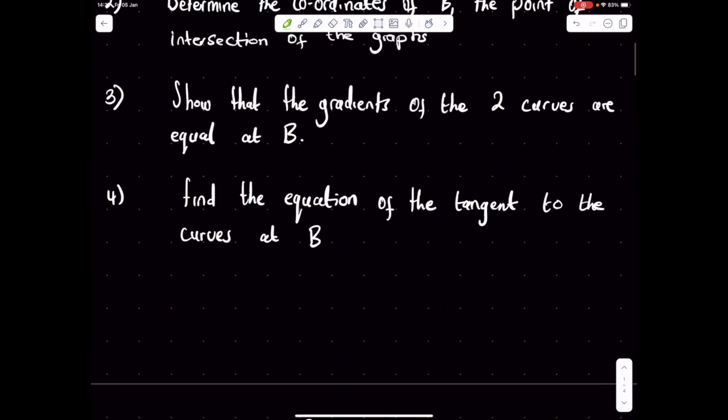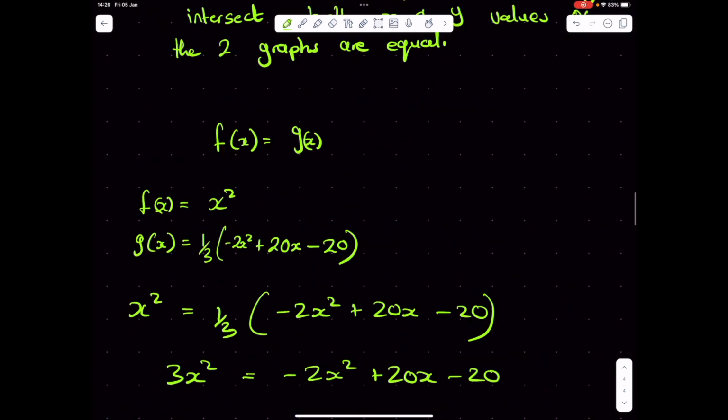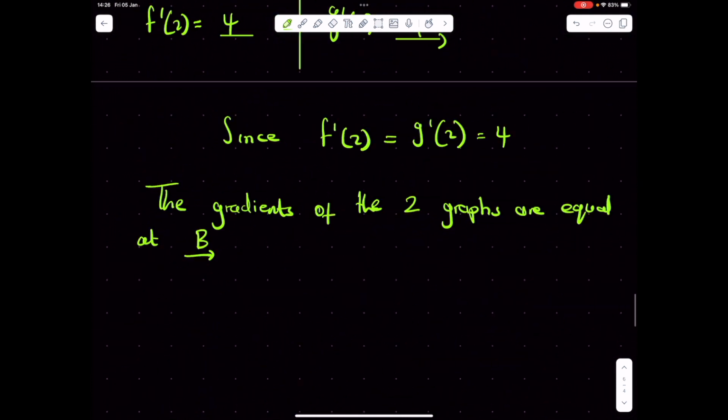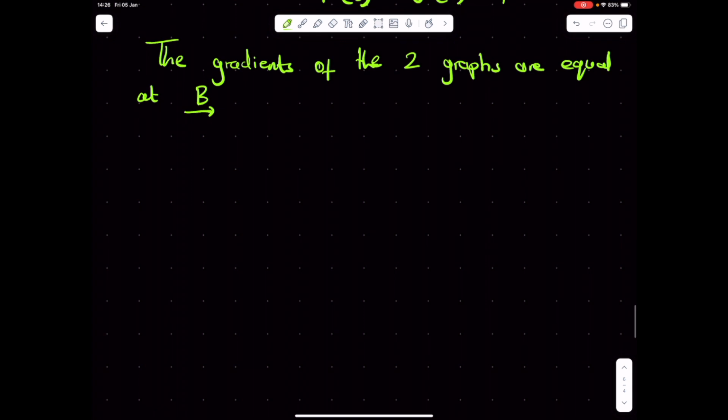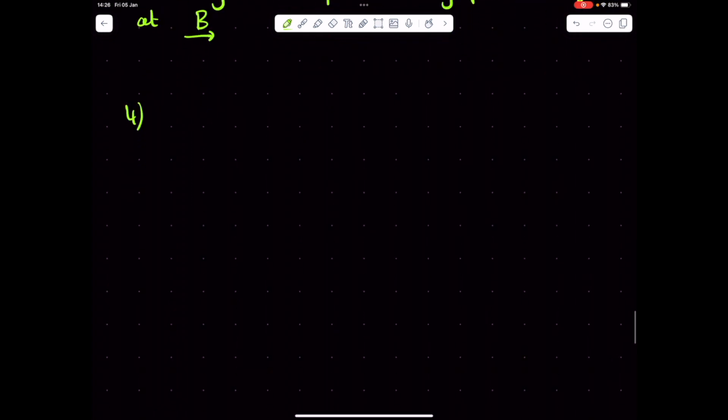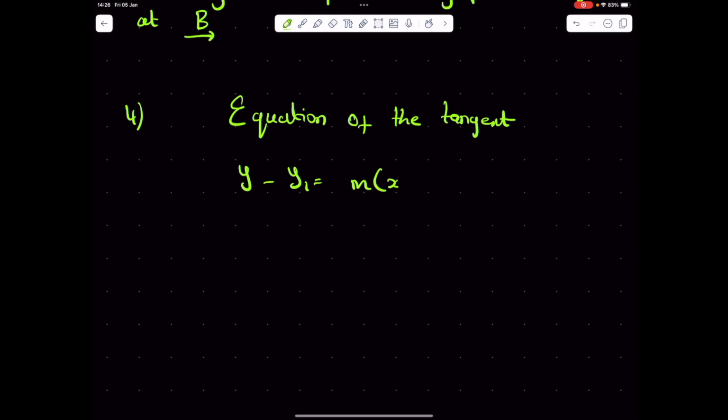Question 4. Find the equation of the tangent to the curves at B. Okay? Now, to find the equation of the tangent, the equation of a tangent is given as y minus y1 is equal to m times x minus x1, right?